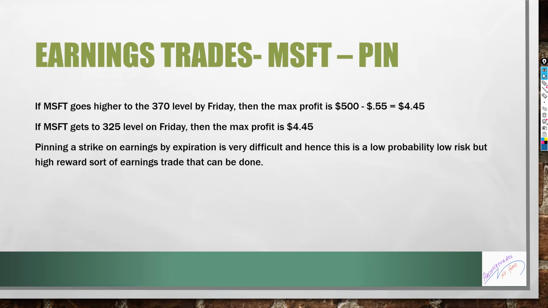That's the reason the IV is high, correct? But these cheap plays are low probability because you don't know where you can pin, low risk because there's no margin required. These are cheap, low probability, low risk, high reward earning trades that can be done.